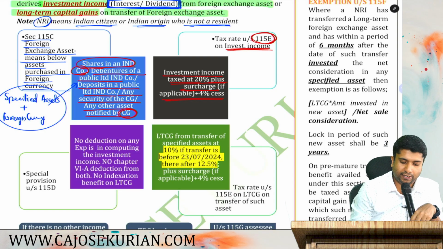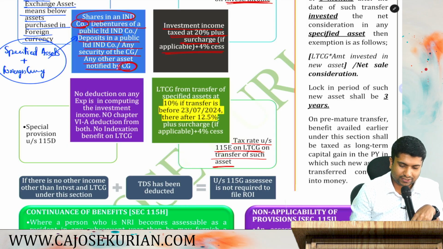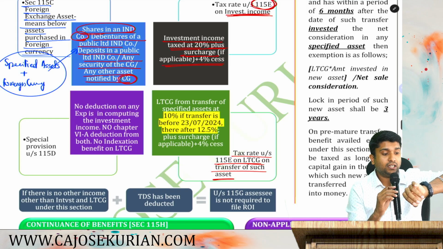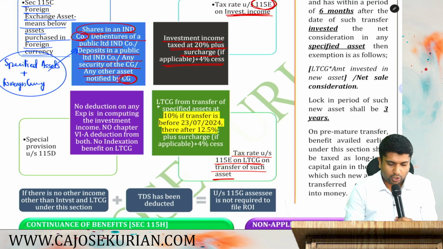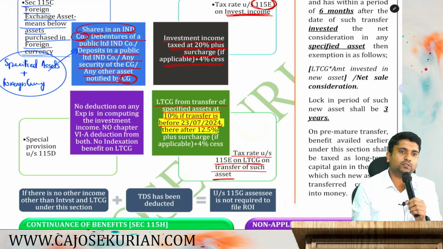How about long-term capital gain? The rate for long-term capital gain is also provided under 115E. Tax rate under section 115E on long-term capital gain of such assets. What is the rate? Right now there are two rates. Long-term capital gain from transfer of specified assets: 10% if the transfer is before 23rd July 2024.